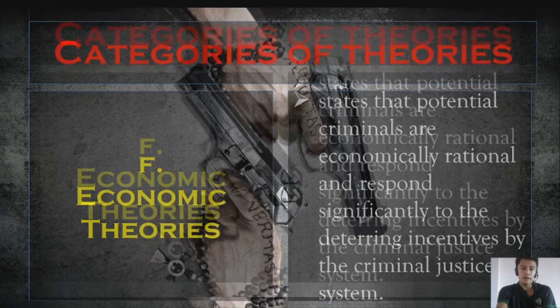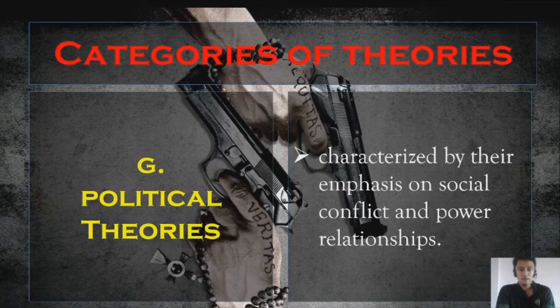Okay, and then we have here another one, and this might be the last category that we will be having in here, the political theory. Okay, so what is all about political theories? So simply it says in here, characterized by their emphasis on social conflict and power relationships. These theories are actually very much related to crimes such as rebellion.